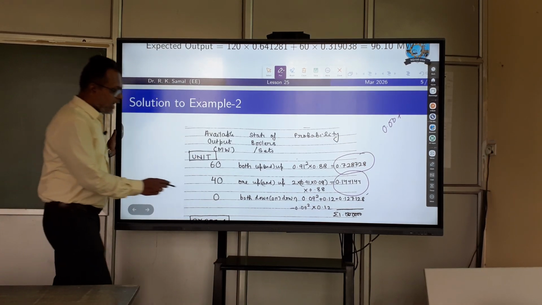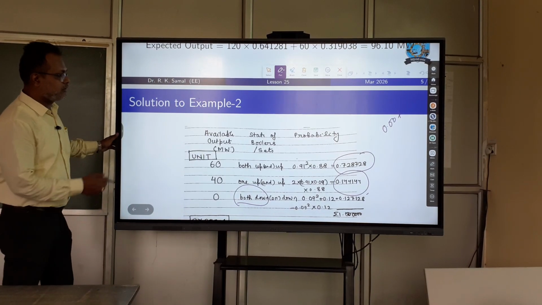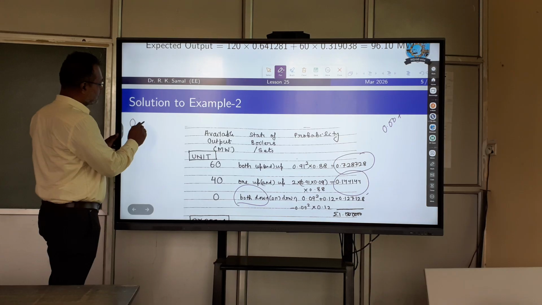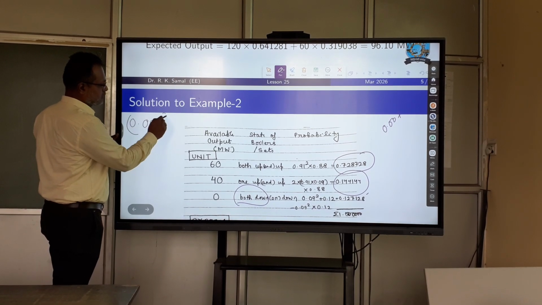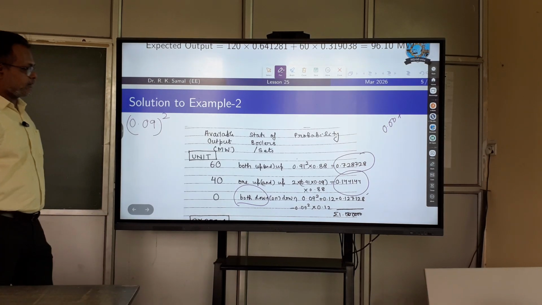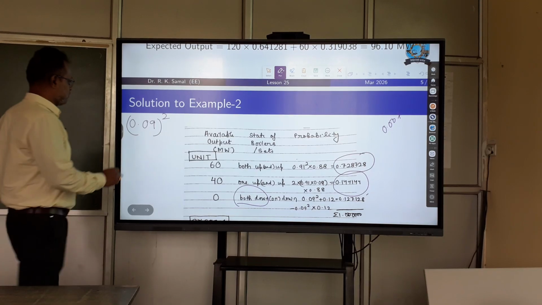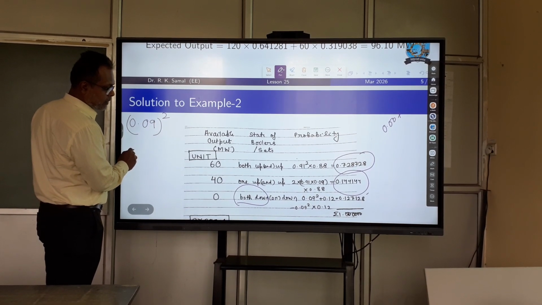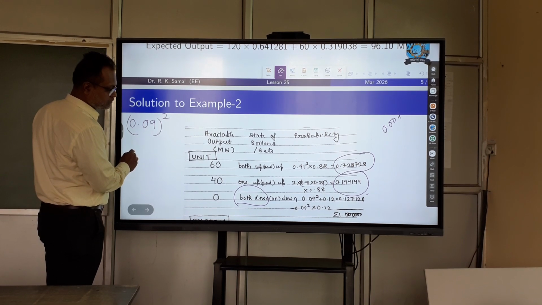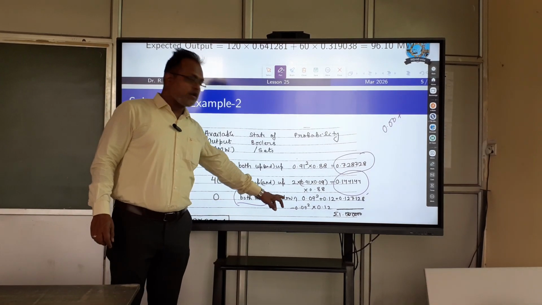So either both down. We would say both the boilers are down. That means 0.09 squared, plus both the boilers are down or the generator is down.